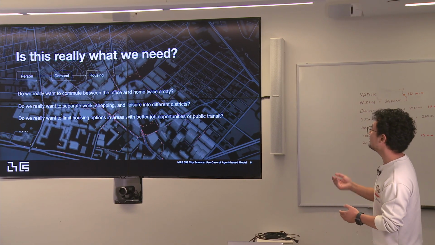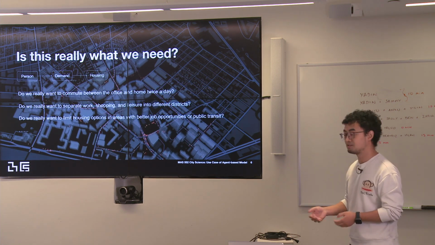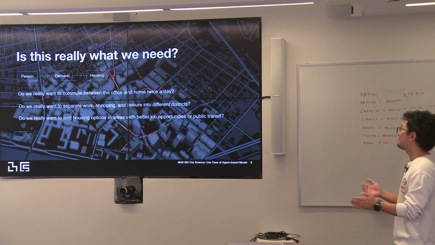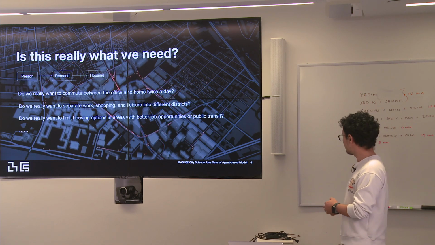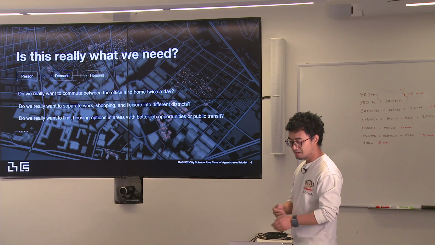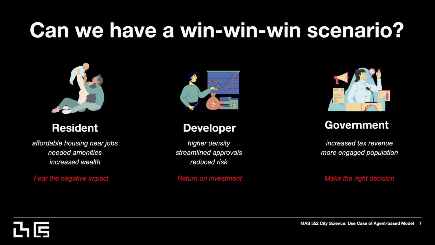And do we really want to separate work, shopping, and leisure into different districts? And do we really want to limit housing options in areas with better job opportunities or public transit? But as the system becomes more complex, it's not just that I want to build this and I can build it. We have different interest groups in the cities.